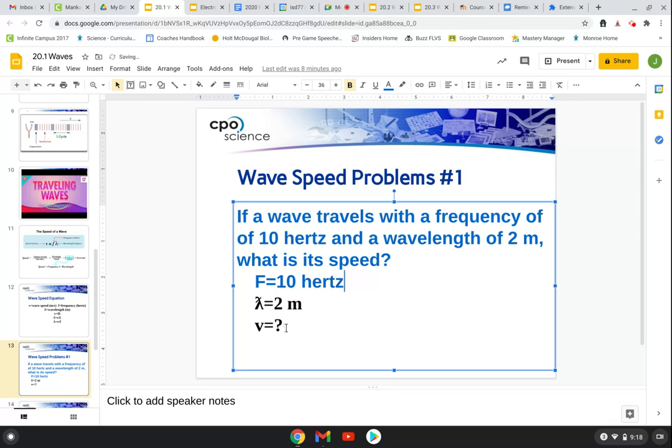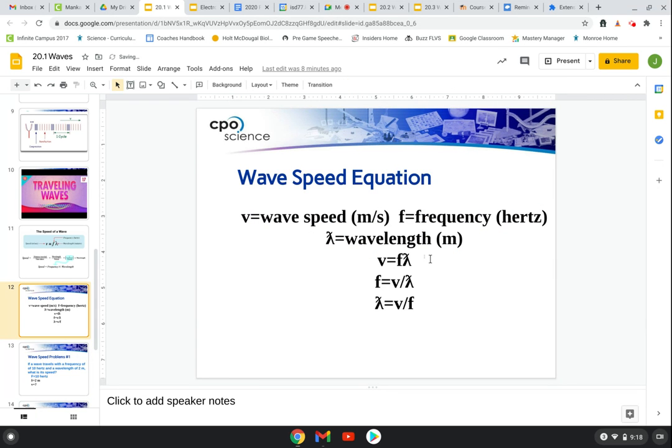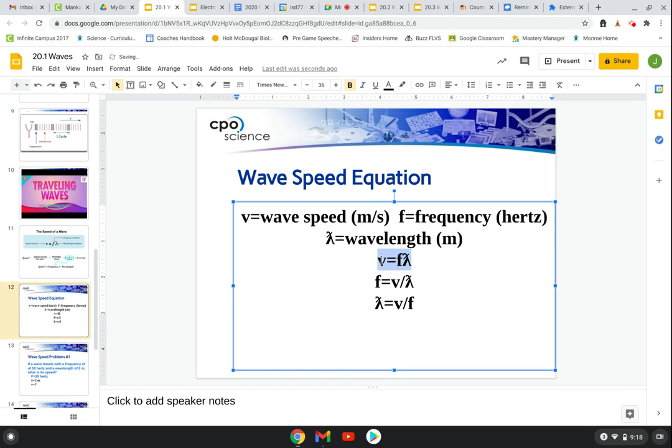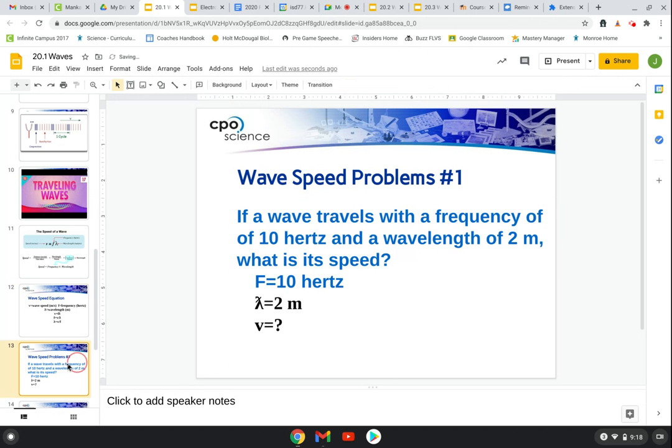Now we don't know wave speed. We do know wavelength, that is 2 meters. So I'm going to go back to my equations. I'm going to find the equation for speed. I'm going to grab that equation, bring it to this problem. Lagging a little bit here, I apologize.